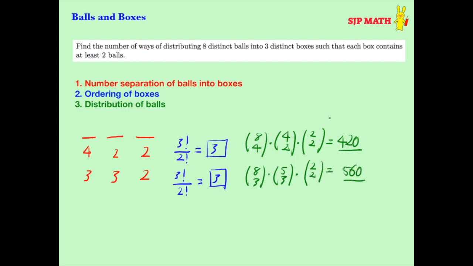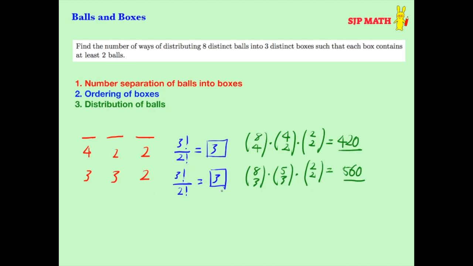So what we did here, since the balls are all distinct, was calculate the number of ways to choose a certain number of balls from the distinct balls to put into this kind of structure.